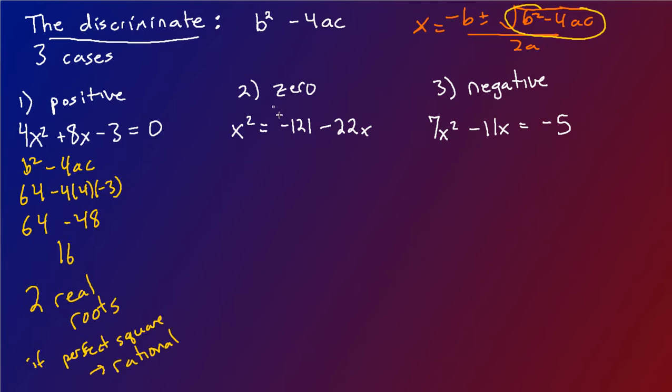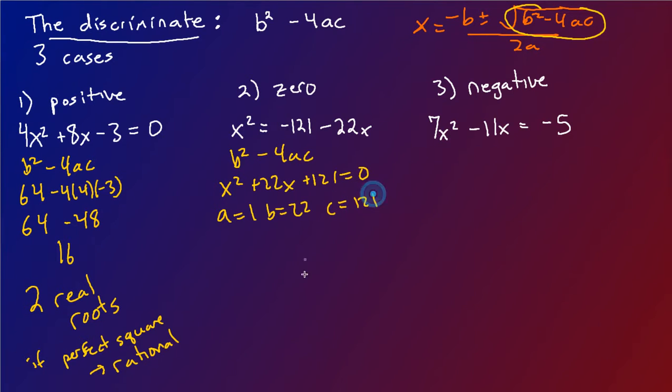Alright, the next case is it could be 0. So b squared minus 4ac. Now I might be tempted to say 1 and then all these, but I do need to get them all to one side, so I add the 22x, I'll add the 121. So a is 1, b is 22, and c is 121. So, using our discriminant, b squared, so that's 22 squared minus 4 times 1 times 121.